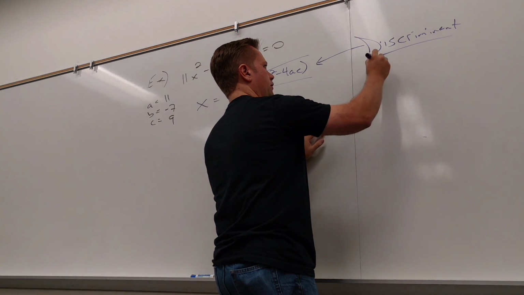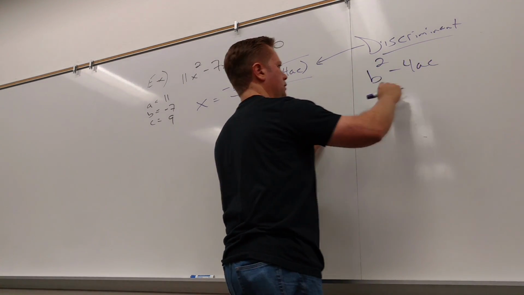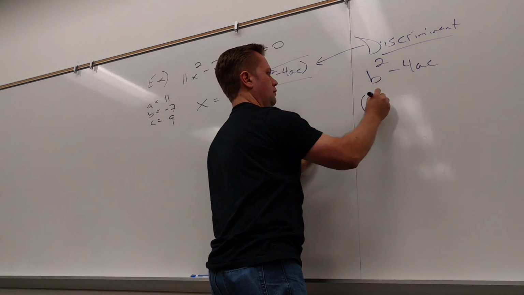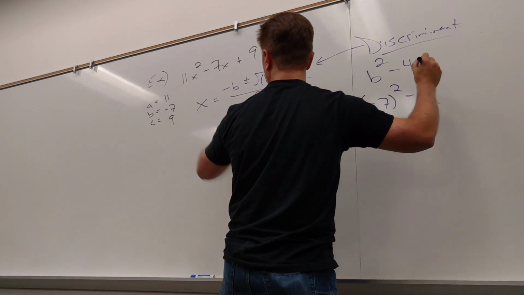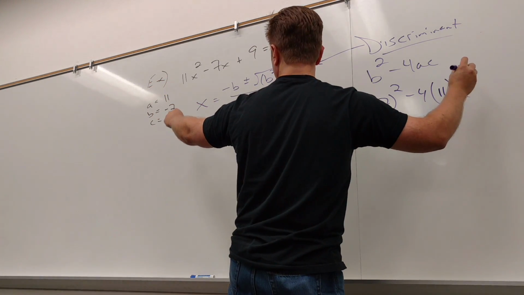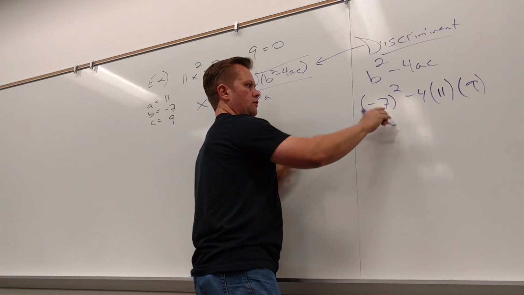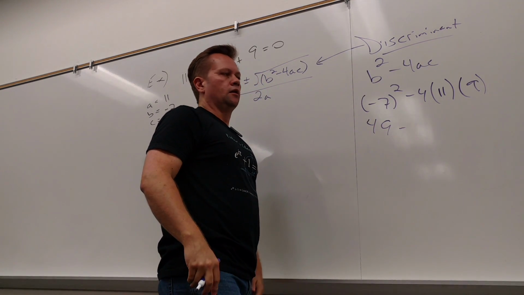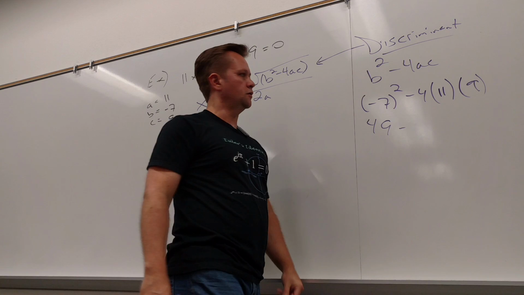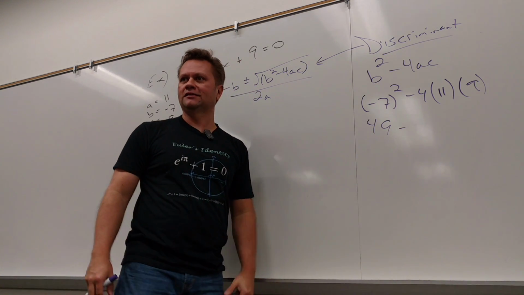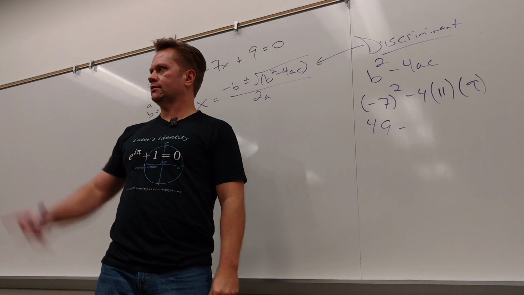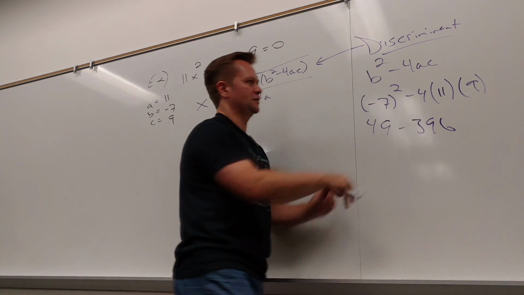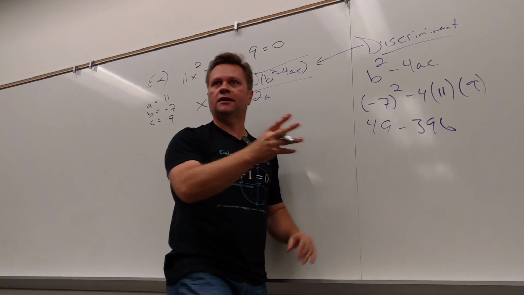So let me just look at b squared minus 4ac by itself for a second. What's b for my problem? Negative 7. A was 11 and C is 9. So I get 49 minus 4 times 11 times 9. 11 times 9 is 99.